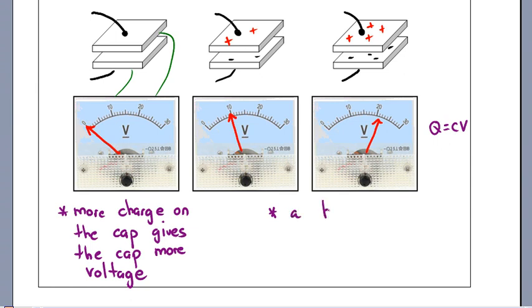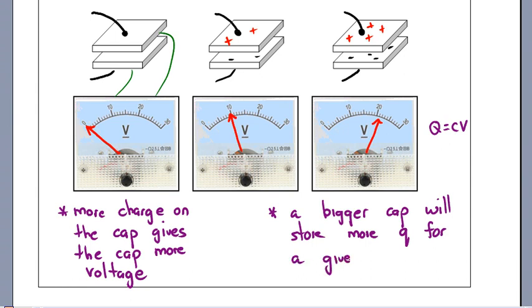So I'm going to say this, a bigger capacitor, a bigger cap, will store more Q for a given voltage, for a given battery. So if you only have one battery and you want to store up a lot of Q, get a nice big capacitor. That would actually be super helpful.